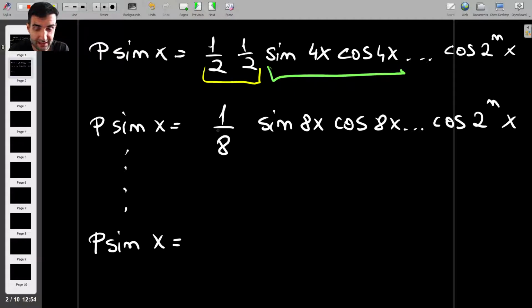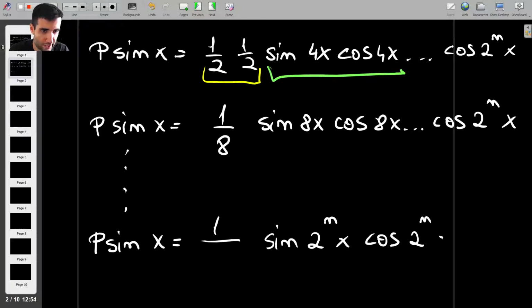If we have 1 over 8, the next terms are sine 8x and cosine of 8x. So when we have sine of 2 to the power nx cosine of 2 to the power nx, then in front of that, the fraction will just be 1 over 2 to the power n. Okay? And this is something that you can prove with induction, but I'll just treat it as something that you notice by inspection.